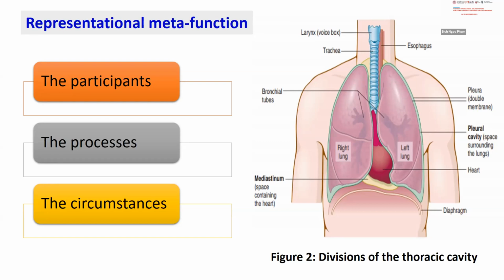And as Kress and van Leeuwen note, color is conveyed as a combinatory system with 5 elementary abstract colors.